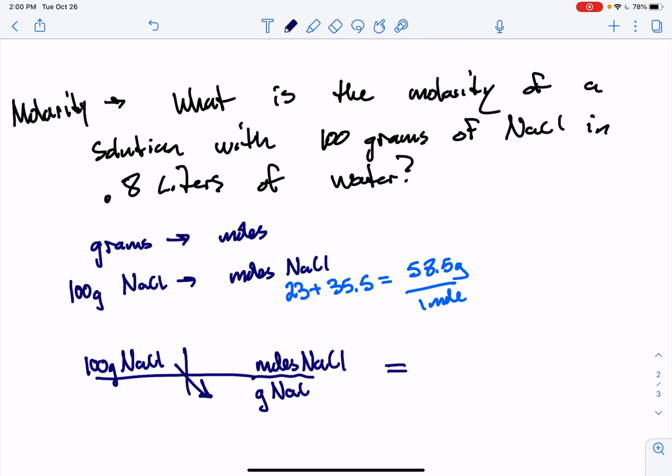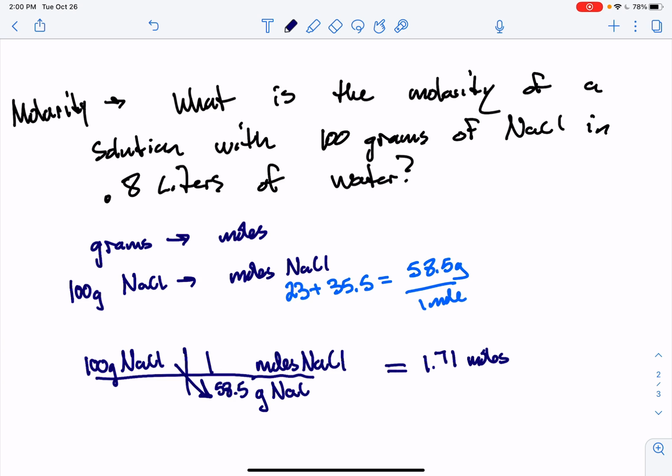I have 58.5 grams on the bottom for every 1 mole on top. So I take 100, multiply it by 1, which I wouldn't do in a calculator because that's just 100, but technically you multiply the top, and then divide that by 58.5. And I got 1.709, I'll just call it 1.71 moles.